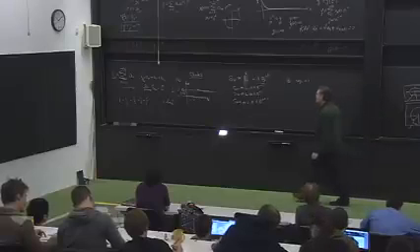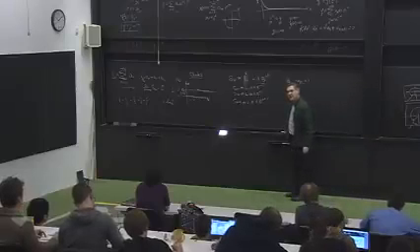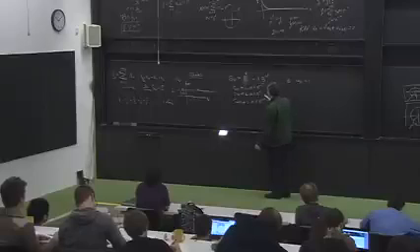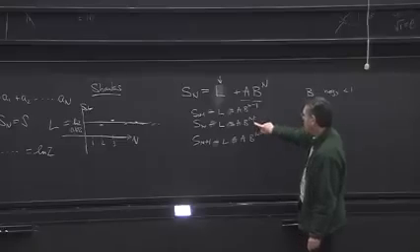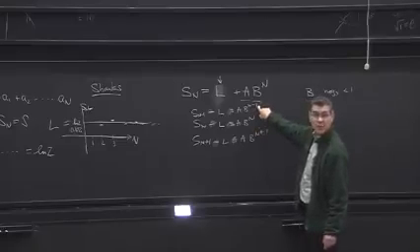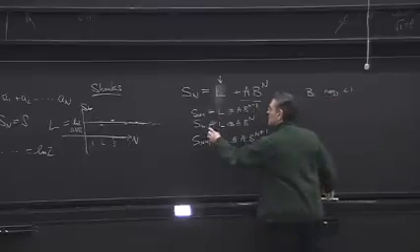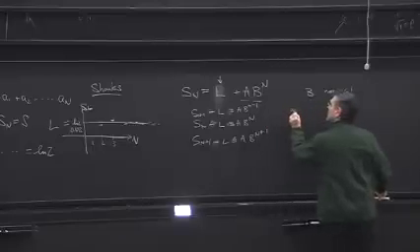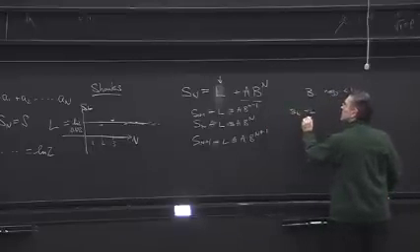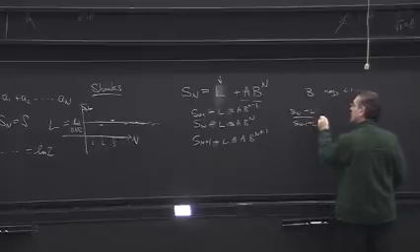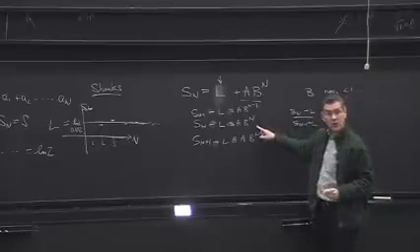Okay. Next, let's write down the ratio of the middle equation divided by the top equation. So Sn minus L divided by Sn minus 1 minus L. If you divide these two, what do you get?